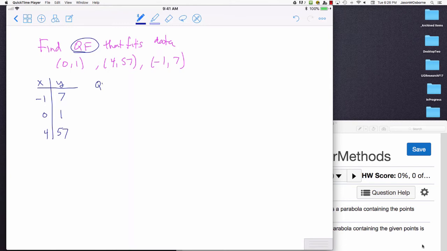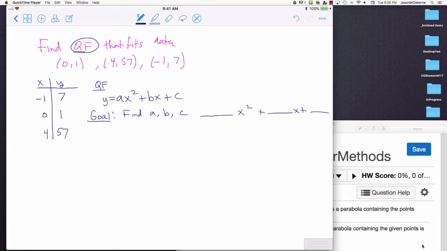And as a quadratic function, that's of the form y is equal to ax squared plus bx plus c. So your goal is to find a and b and c. If you can find all the a's, b's, and c's, then you can fill in the blanks essentially to get your answer.